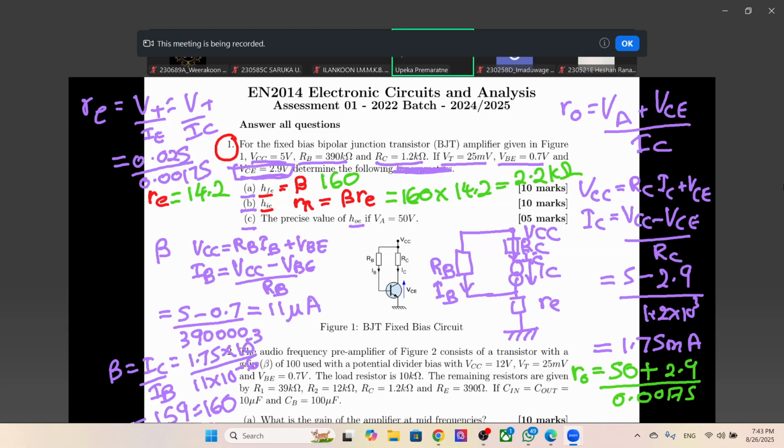Don't worry about the approximation here; you may approximate this straight away to VA divided by IC, no problem. The answer you get is approximately 30 kilo ohms.